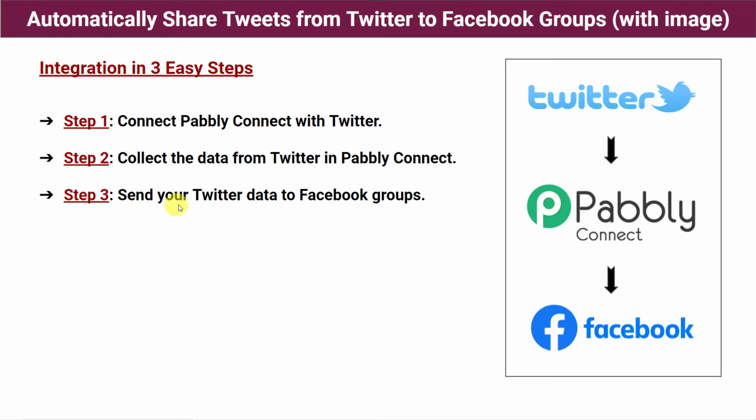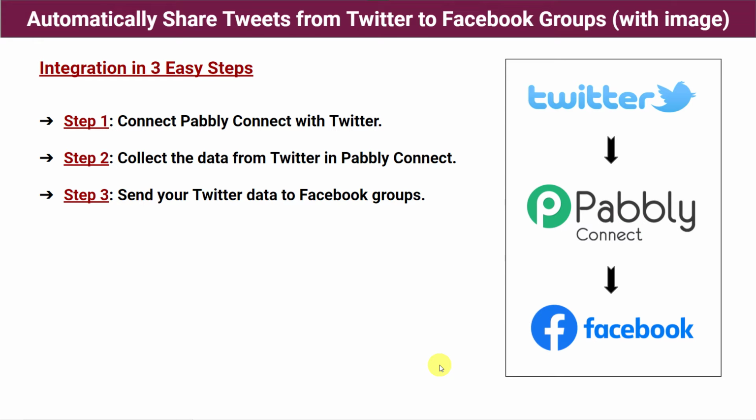Step 3, send your Twitter data to Facebook groups. Whatever data Pabbly Connect has captured from the Twitter account, the same data will be forwarded to the Facebook groups, and a post will be created. In this way, we will be creating an integration between Twitter and Facebook groups using Pabbly Connect.